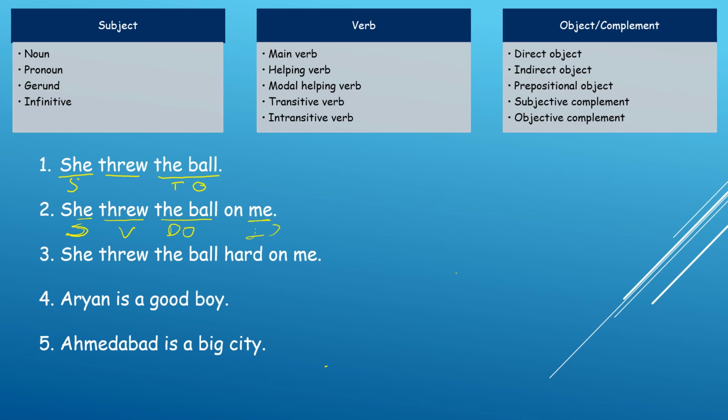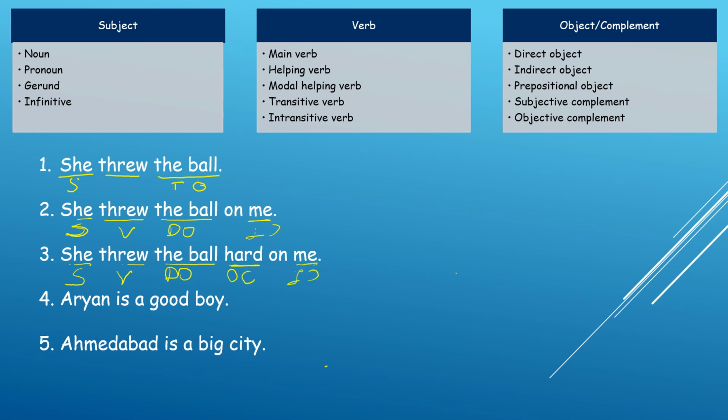She threw the ball hard on me. She is the subject. Threw is the verb. The ball is the direct object. And hard is a complement of the object ball and that's why it is an object complement, and me is our indirect object.